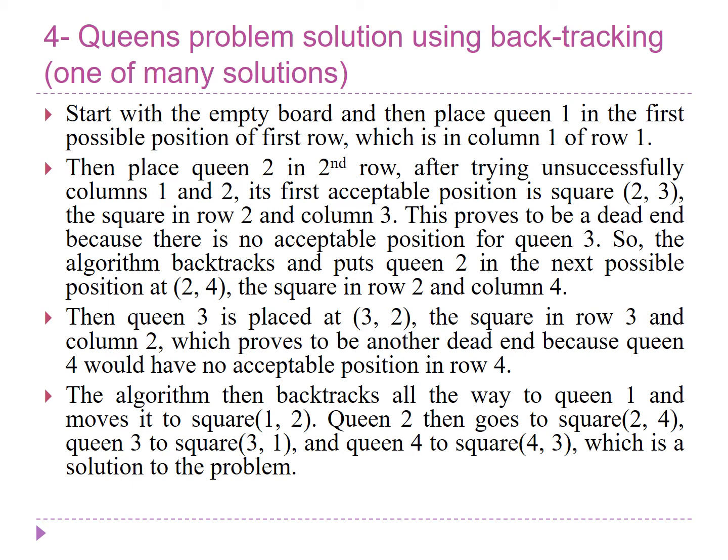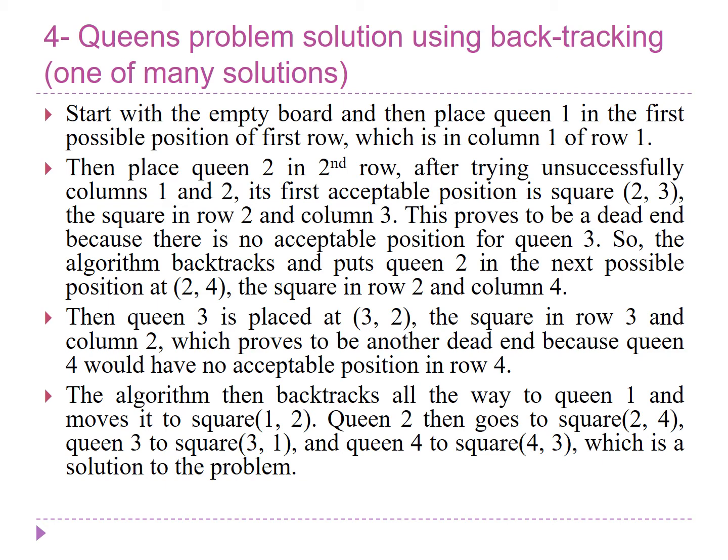This proves to be a dead end because there is no acceptable position for queen 3 in the third row. So the algorithm backtracks and puts queen 2 in the next possible position, which is the square in row 2 and column 4.